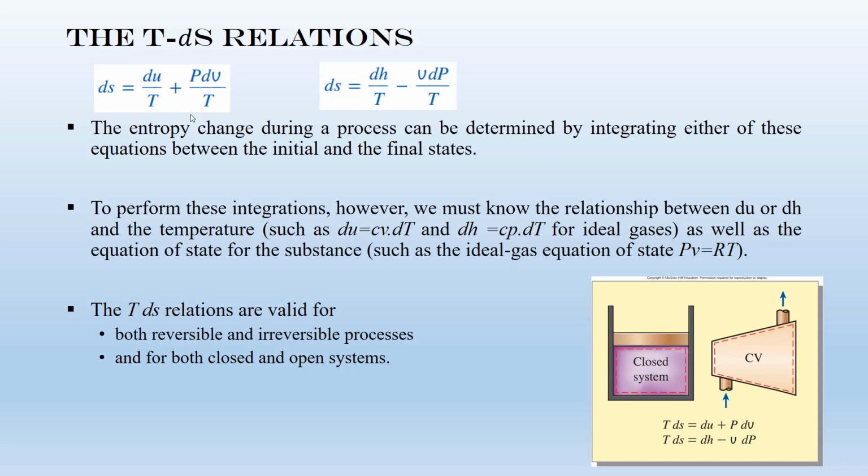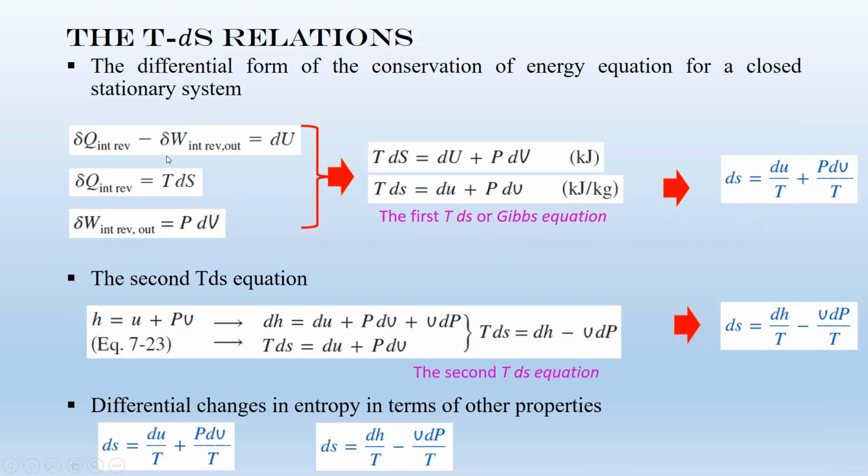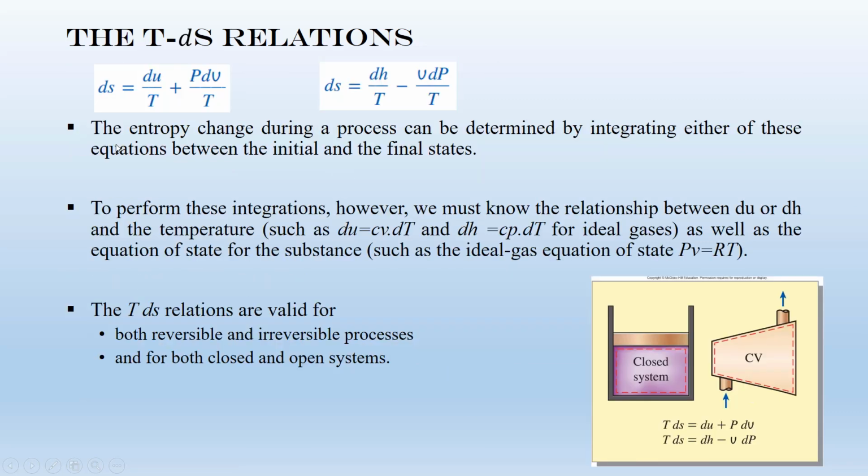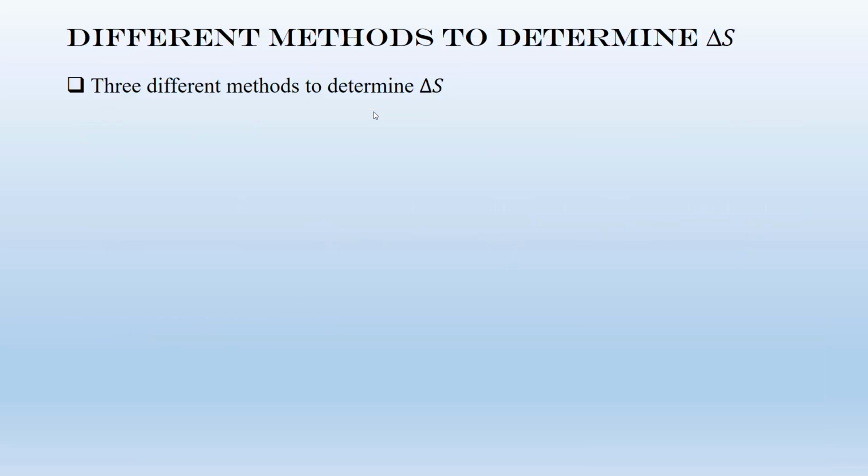Keep in mind that in the previous slide, I started from the internally reversible equation. But these two Gibbs equations are valid for both reversible and irreversible processes. Also, you can write these two equations for both closed and open systems.